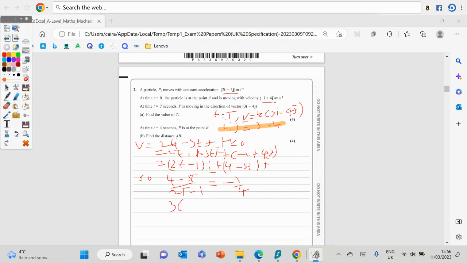So we just need to solve for T. We've got 12 minus 9T equals minus 8T plus 4. We can add that onto that side to get T plus 4 is 12, it will be 8 then. So the value of T must be 8.